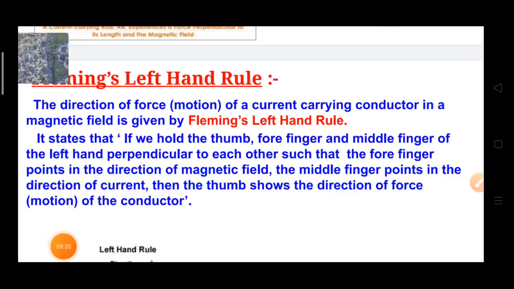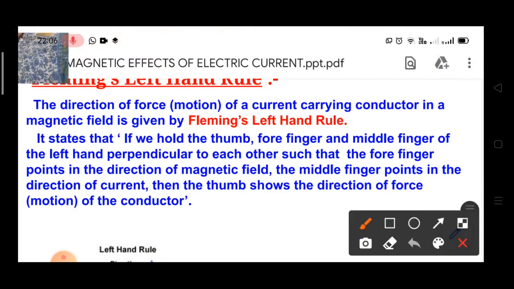You can also read this from here. The direction of force of a current carrying conductor in a magnetic field is given by Fleming's left hand rule. If we hold the thumb, forefinger and middle finger perpendicular to each other, the forefinger shows the direction of magnetic field, the middle finger current, and the thumb shows the direction of motion.